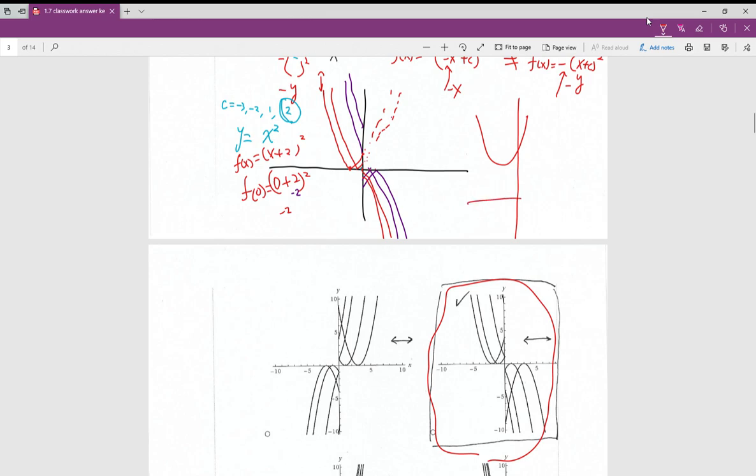And this part is not here, because when we do upside down, this part will be there. Let me graph. This part will be here, not here. That's not right. So I made a little mistake earlier around here.